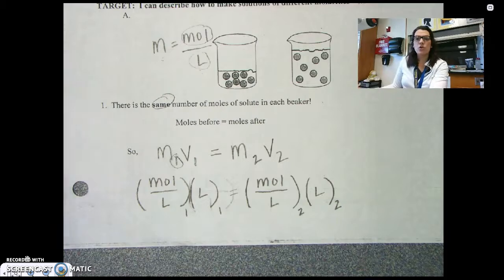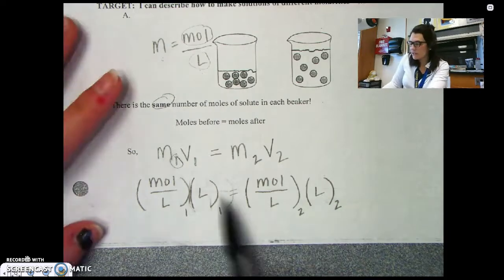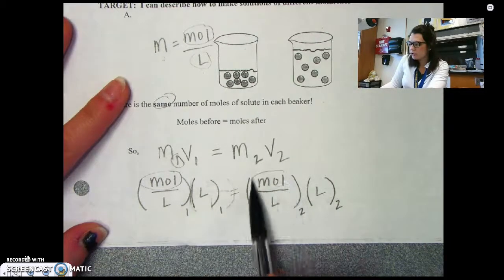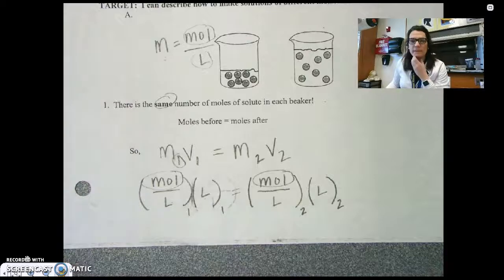Ultimately, the moles don't change, but the volume will, and that's where we get a smaller molarity every time something is diluted.